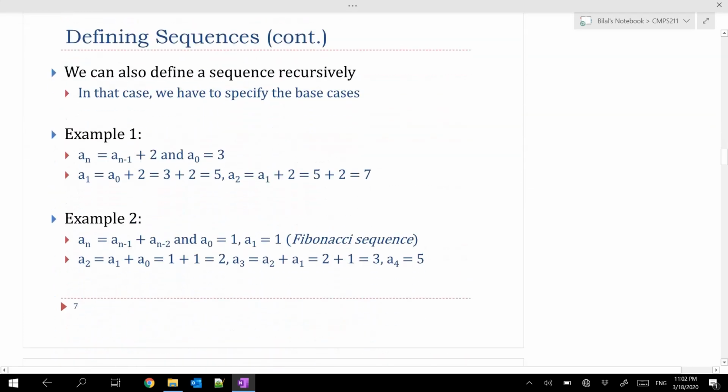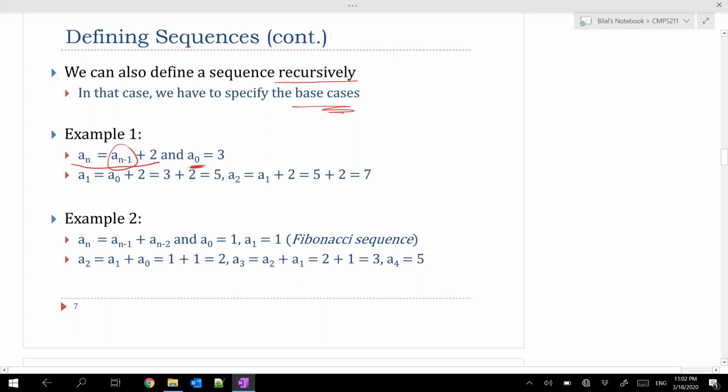But sometimes you can better see your sequence with a recursive definition. In this case, we have to specify the base cases for the sequence. So for example, if you define every term in terms of the previous one plus 2, then you have to provide a base case, let's say for a0 or for a1.